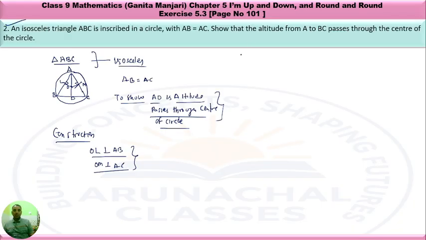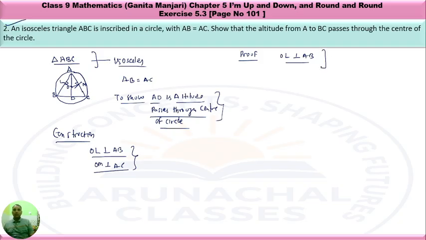Now let's solve this question further. Here we can see that OL is perpendicular to AB, so it will be a perpendicular bisector.